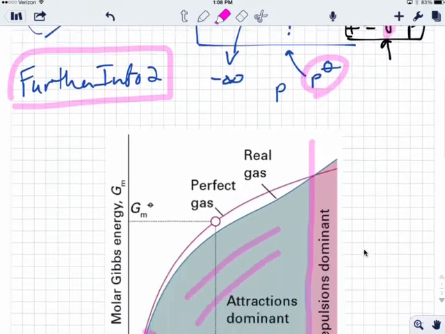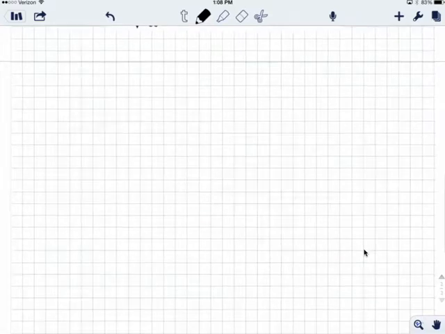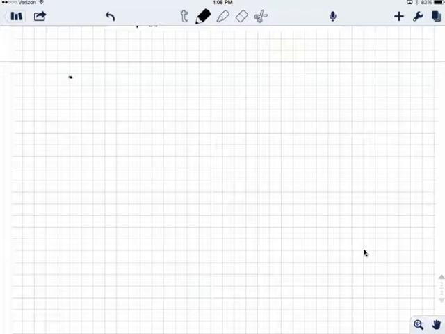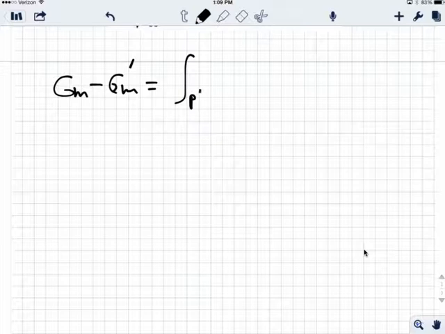So I'm going to write those equations down, and let's see if we can make some sense of that. So molar Gibbs free energy minus molar Gibbs free energy at some condition prime for a real gas would be equal to the integral from pressure prime to pressure P of Vm dP, just like you would do for the derivation we saw in section 3.9.